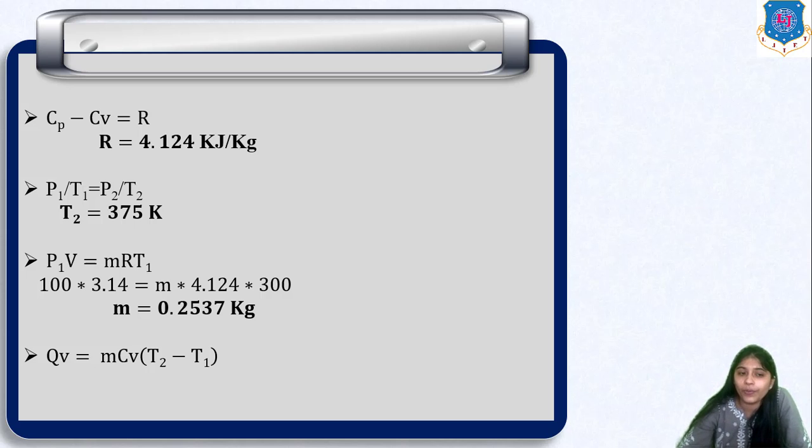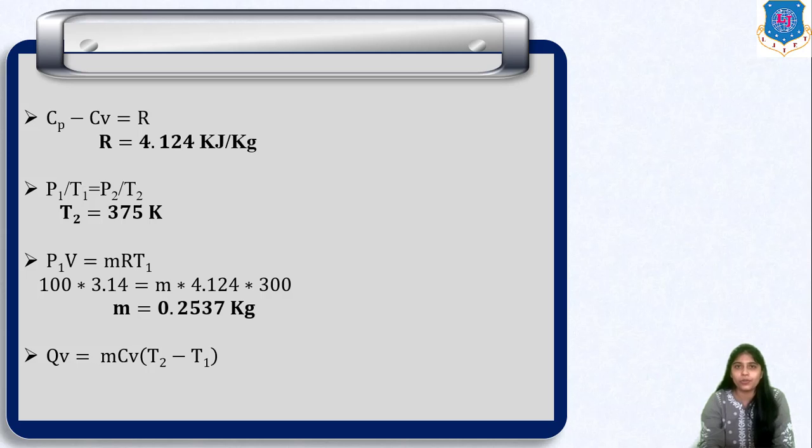So we need Cv, m, T2 and T1. T1 has already been mentioned in the question, T2 we obtained from the combined gas law equation, and we got m from the ideal gas equation. In this way we will find the heat supplied.